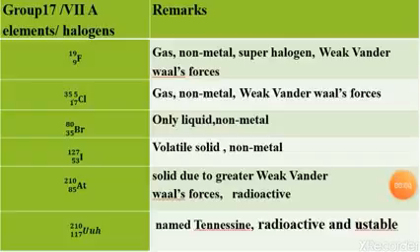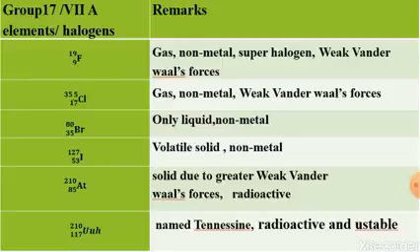Fluorine has atomic number 9, and when you add 8 to the atomic number of fluorine, you get the atomic number 17 of chlorine. Like this way you can find the atomic numbers of all the elements of group 17.